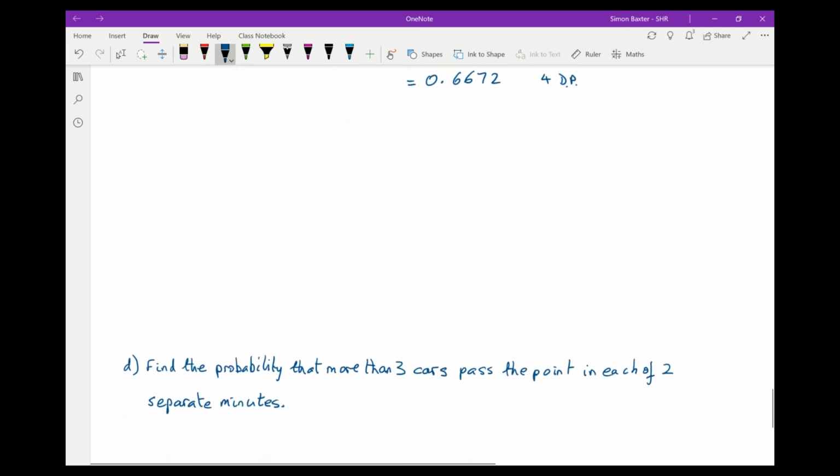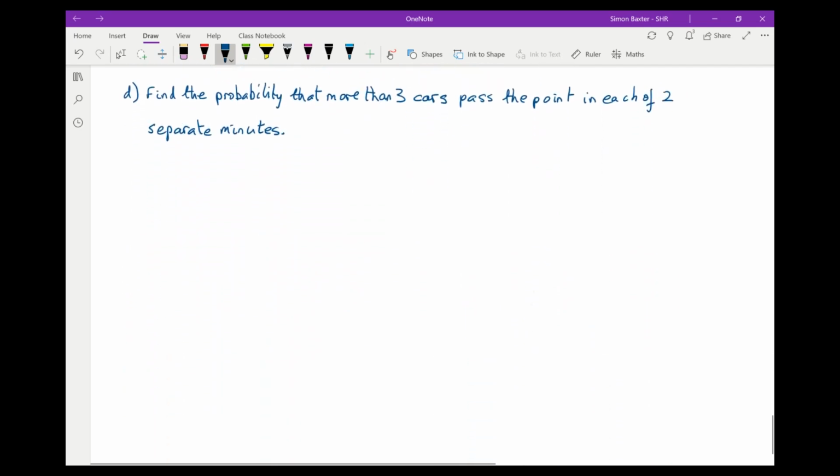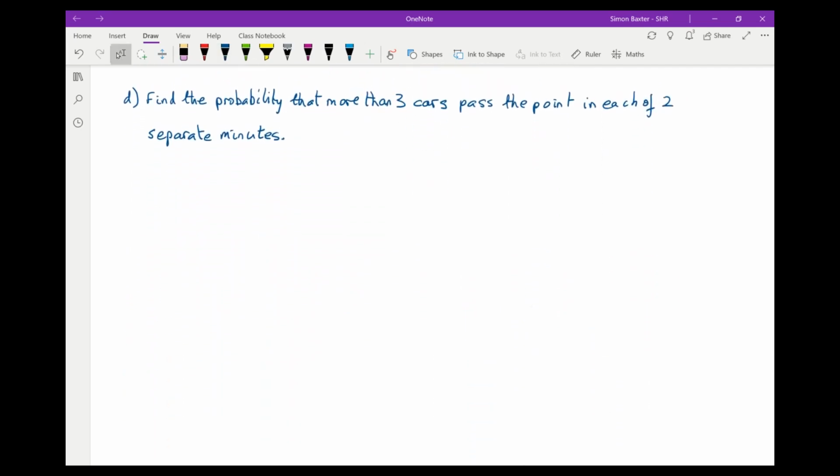Let's look at one more part. Find the probability that more than 3 cars pass the point in each of 2 separate minutes. So we are back to looking at 1 minute. In 1 minute, the mean is 5, and so we're looking at x twiddle p naught 5.